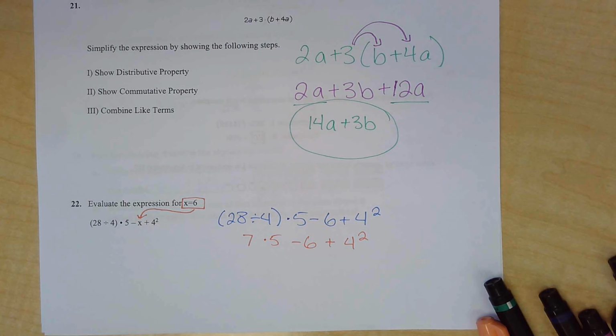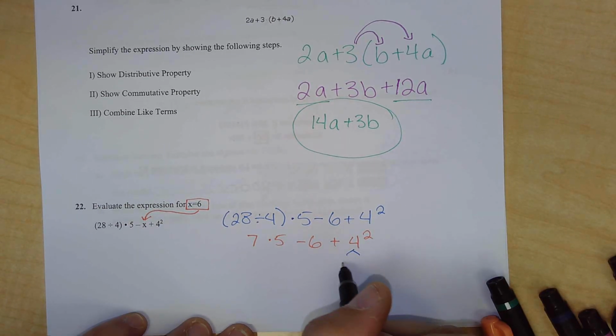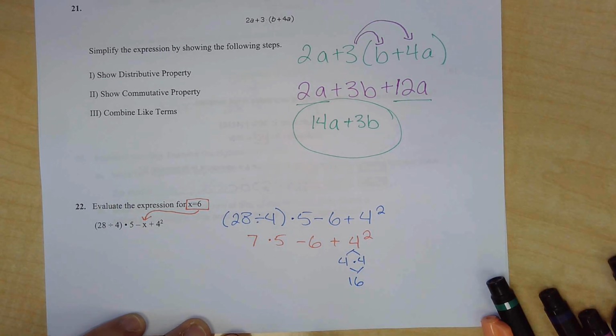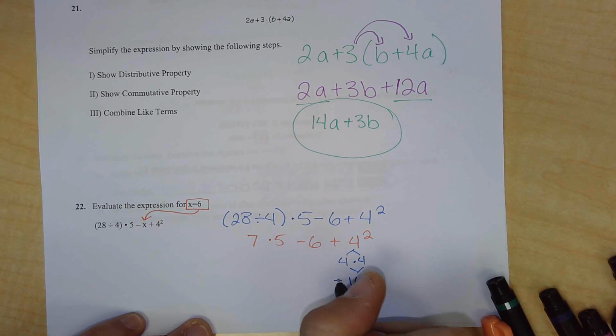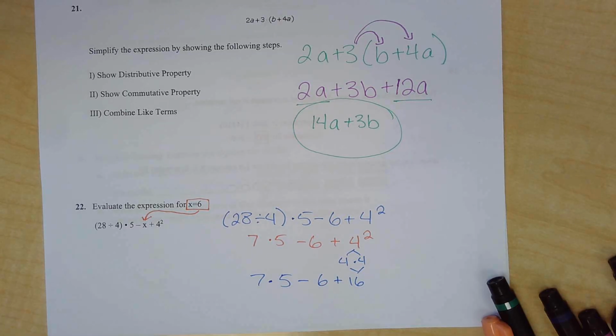Next thing I do. Exponents. 4 times 4 equals 16. I drop everything else. Plus 6 minus, there's the 5, multiplication, and the 7. Now again, PEMDAS says I should multiply first.